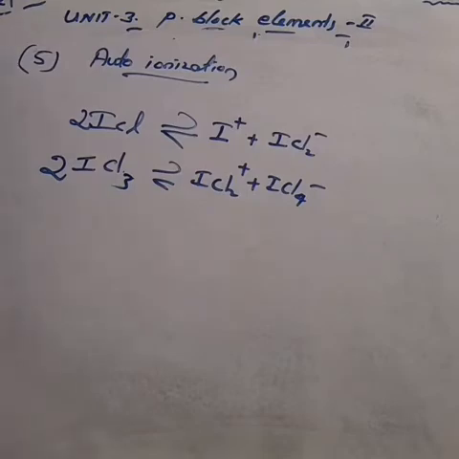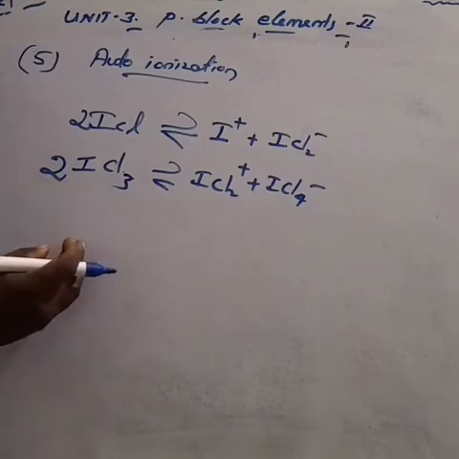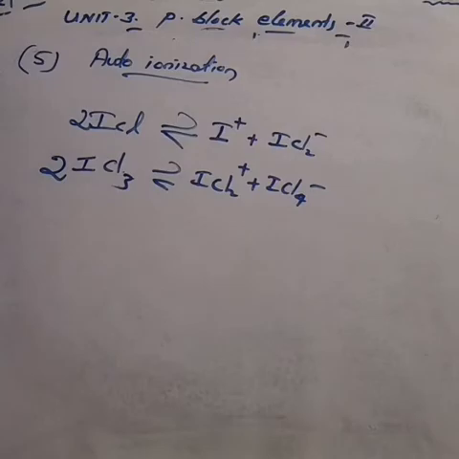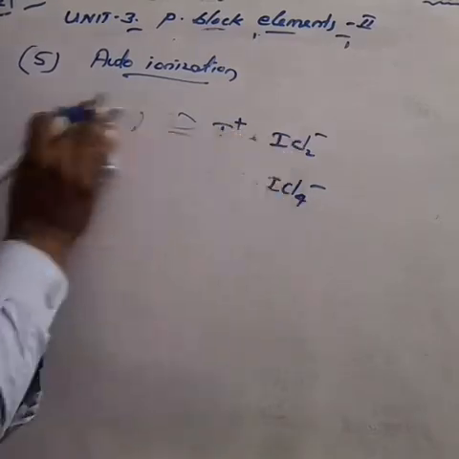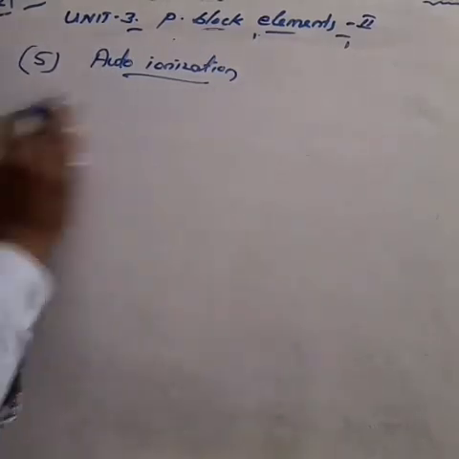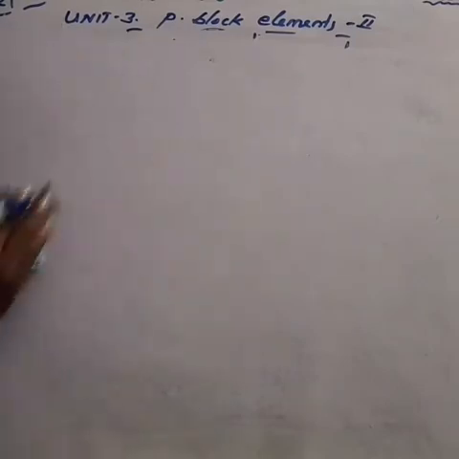Next, the reaction with alkali. When alkali is heated, the larger halogen forms oxyhalogen and the smaller forms halide.